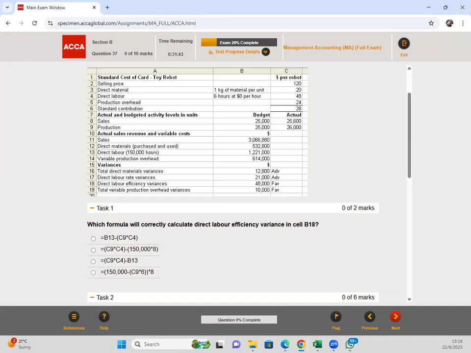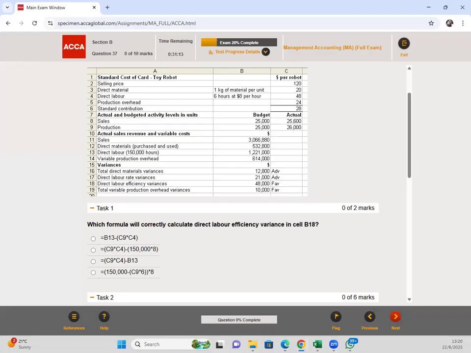C9 is the production. Then C4, direct labor.